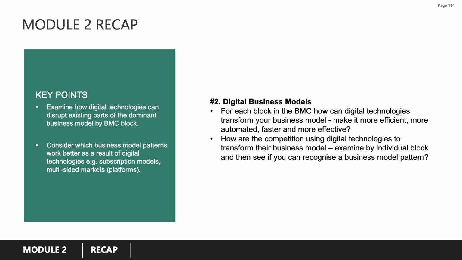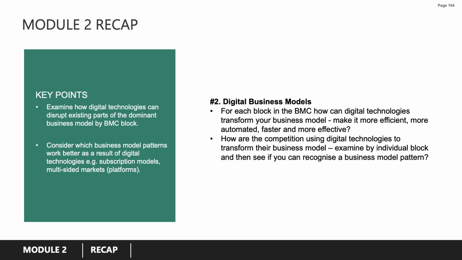In terms of digital, consider which business model patterns work better as a result of digital technologies. So as an example, subscription models become a lot easier because of the automation that you can put in place with payments. And multi-sided platforms. If you're trying to connect two sides of a market, then platforms help people with transparency.